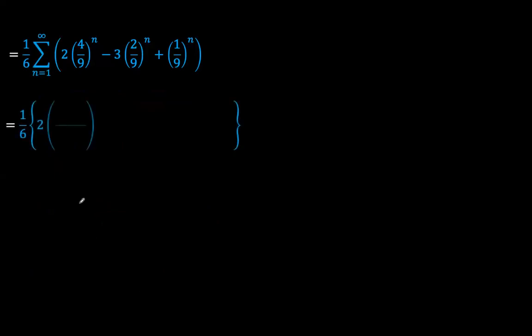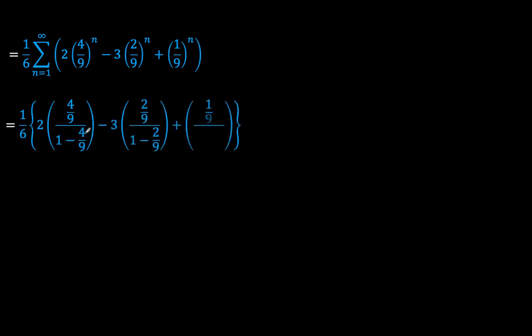And so when we end up solving this, we now have 1 over 6 in bracket, 2, initial value, 4 over 9 divided by 1 minus 4 over 9, which is the common ratio, minus 3, 2 over 9 initial value over 1 minus the common ratio 2 over 9, plus initial value 1 over 9 over 1 minus common ratio 1 over 9.